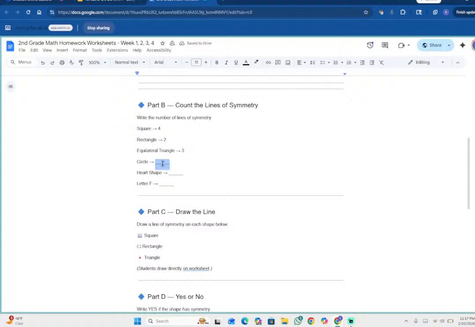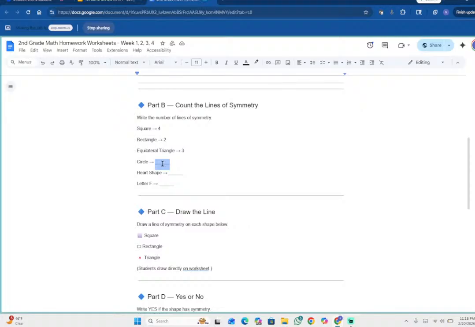Now a circle. So a circle has infinite lines of symmetry.